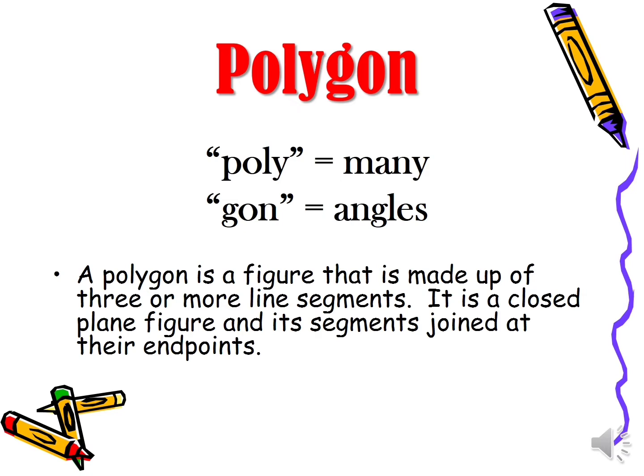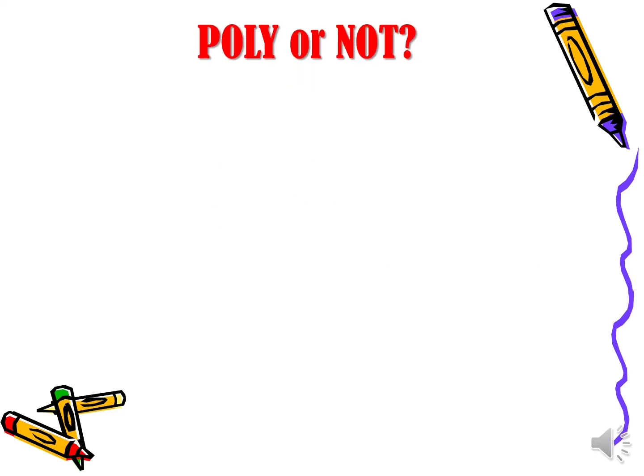Another definition is that a polygon is a figure that is made up of 3 or more line segments. It is a closed plane figure and its segments are joined at their endpoints. So now let's take a look at these examples.